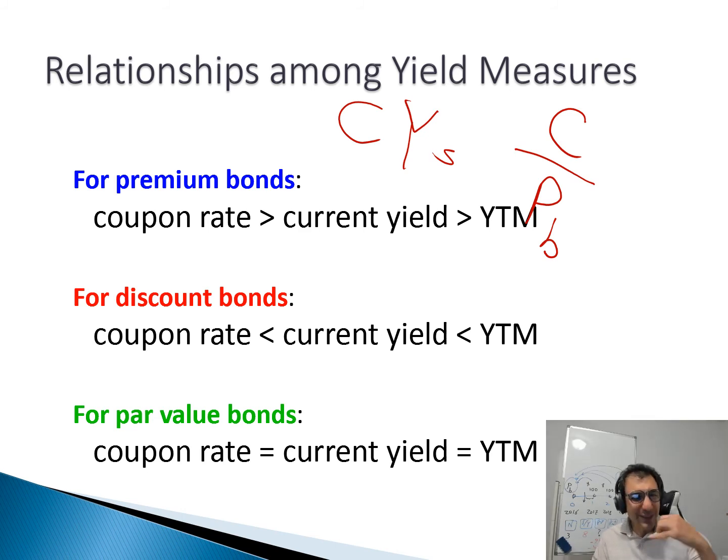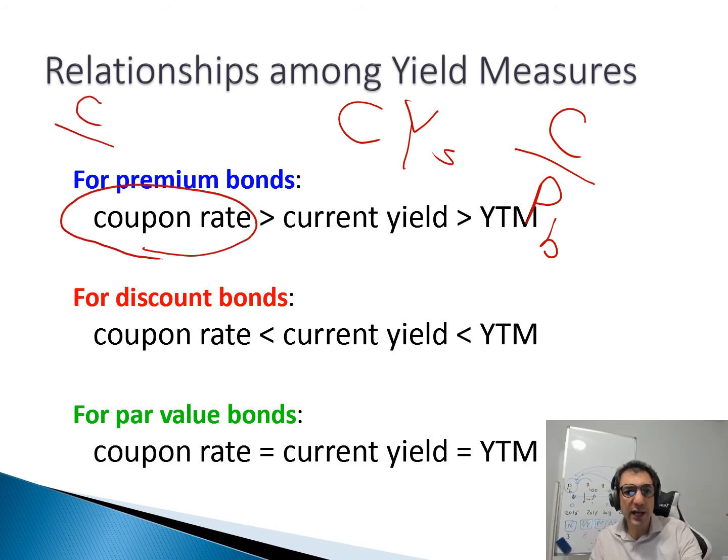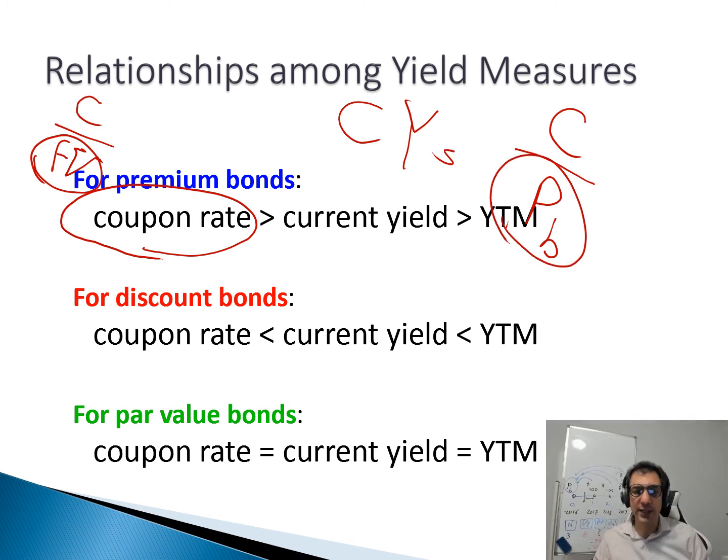Just to explain this notion, remember the coupon rate was the coupon payment divided by face value, which by default we say is $1,000. Let me write it down as the face value. And we know when the bonds are sold at a premium, the bond price should be greater than $1,000.